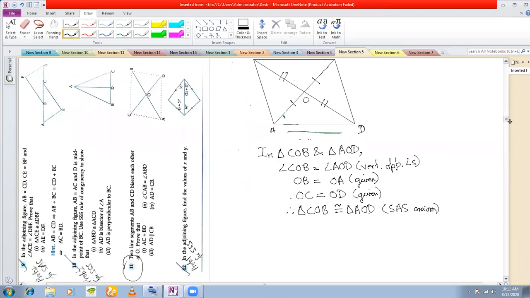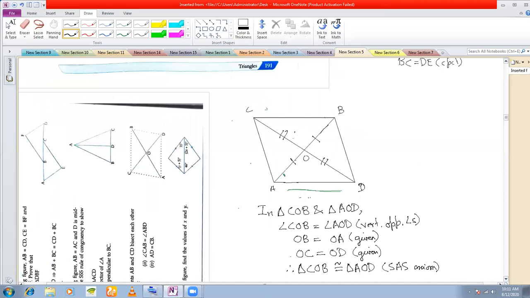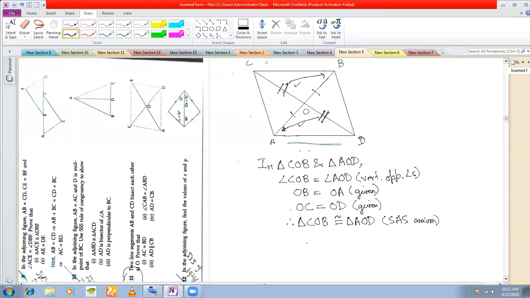Now, once I have proved the congruency of this triangle and this triangle, I see that this side is equal to this side, and opposite to this side is this angle, and opposite to this side is this angle. So they must be equal. So let me write, and therefore angle OBC is equal to angle OAD. This is by CPCT.